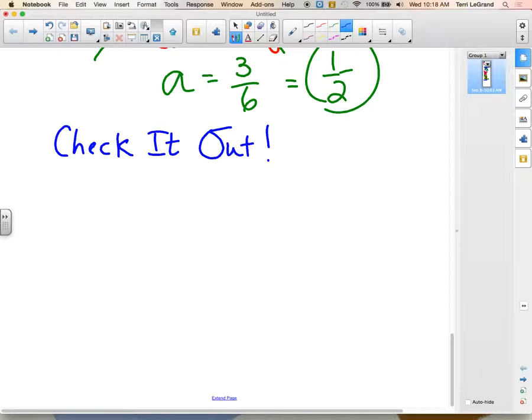It's about mid page 35. About the middle of page 35 is where we're going to find this problem, and it's problem number 4.